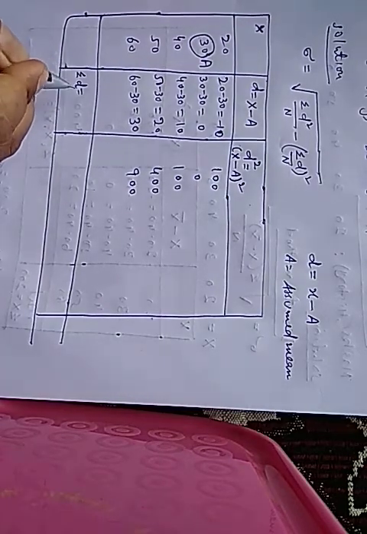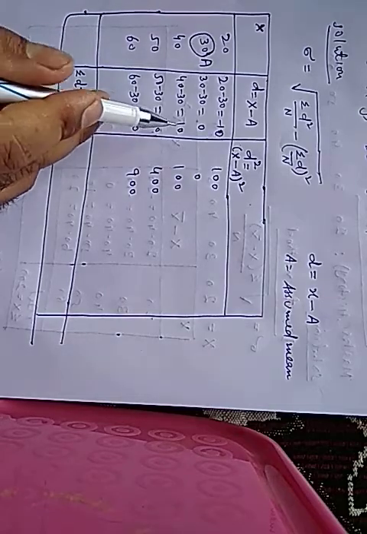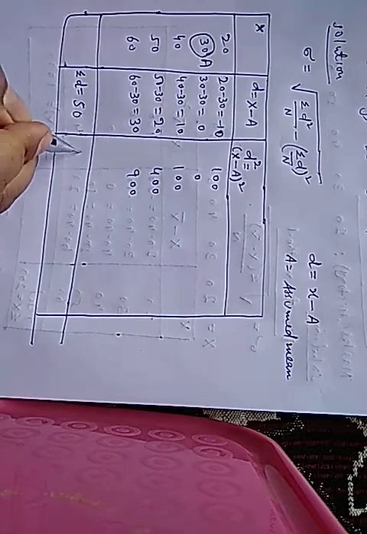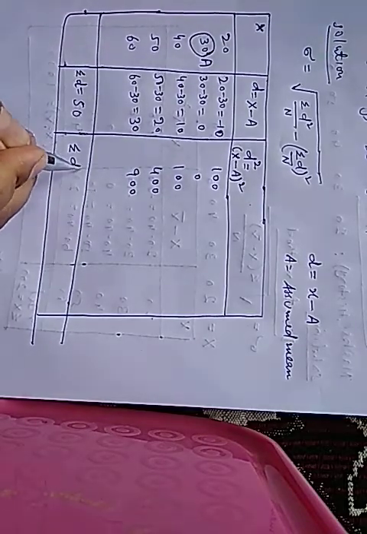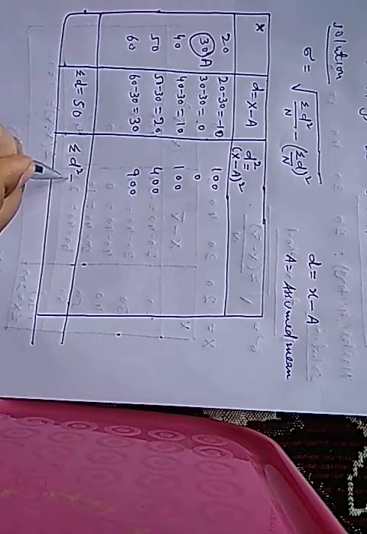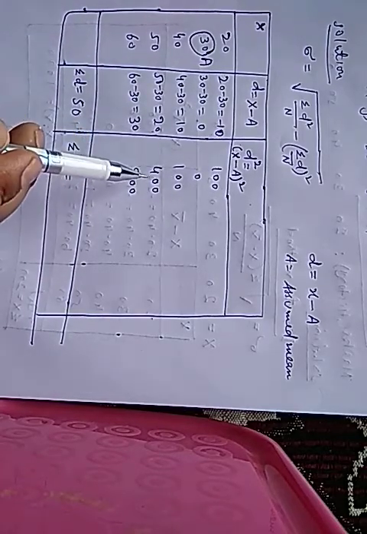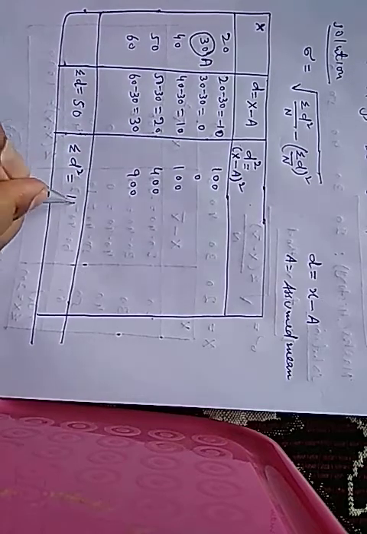Sigma d will be equal to 50, and sigma d square will be equal to 1500.